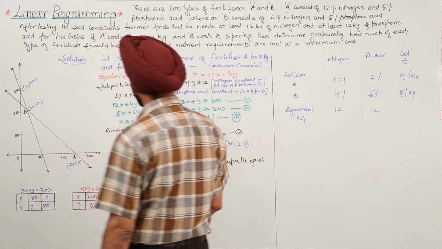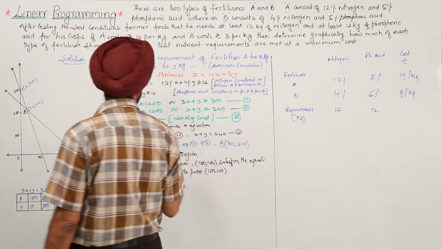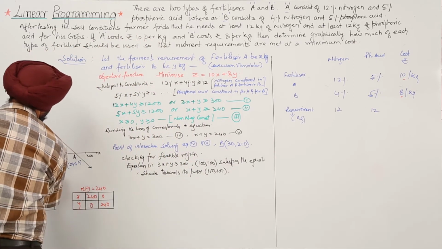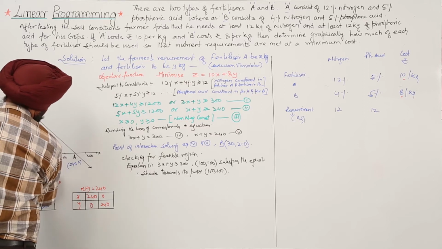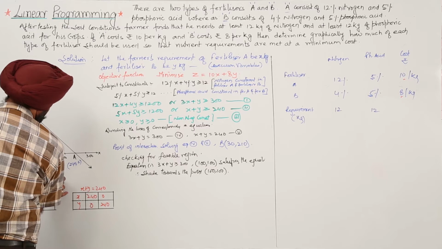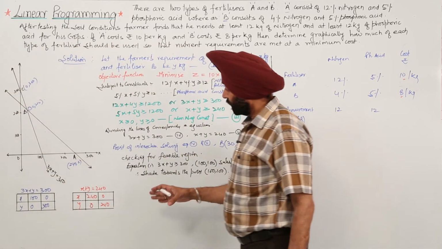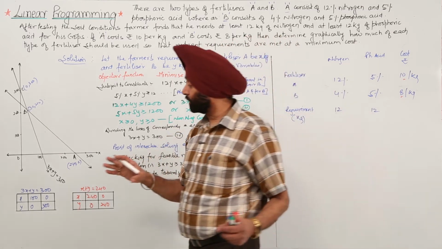Now this was for equation 1, and equation 1 is 3x plus y is equal to 300. So this is equation 1, and we have to shade towards the point where 100 is.